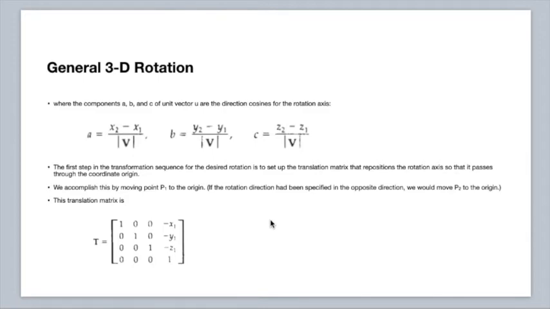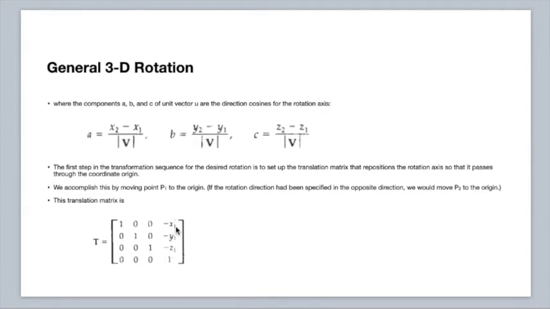So minus x1, minus y1, minus z1. The translation matrix will be like this: tx, ty, tz will be minus x1, minus y1, minus z1.